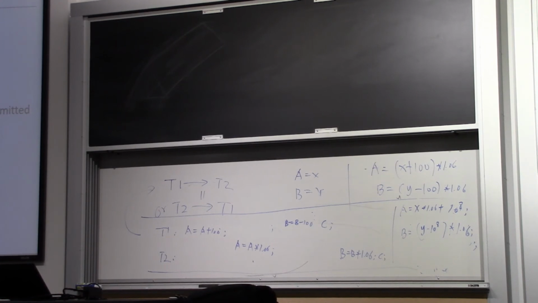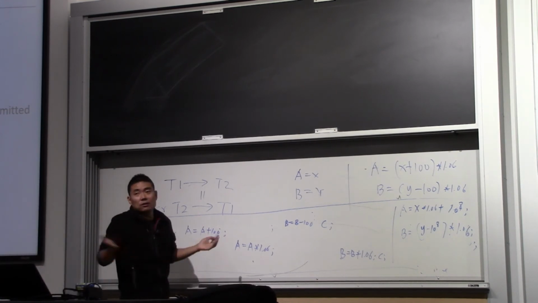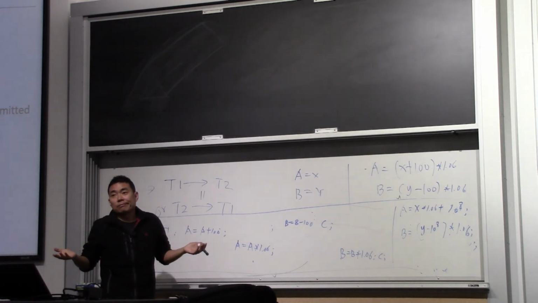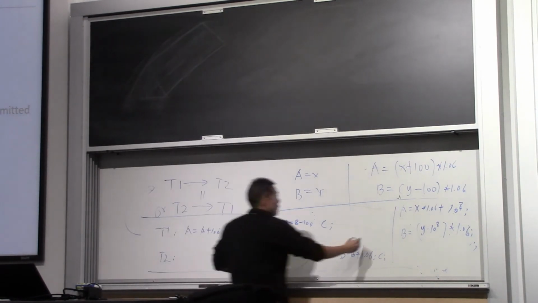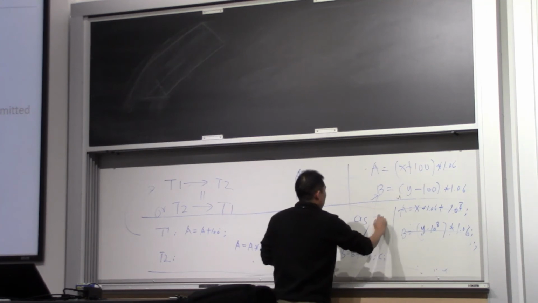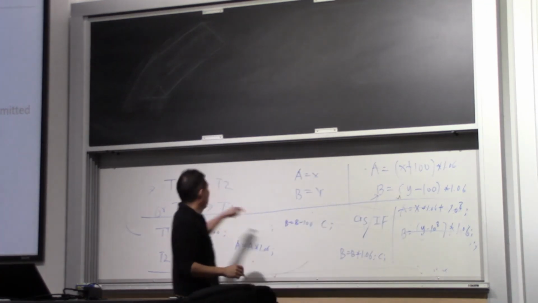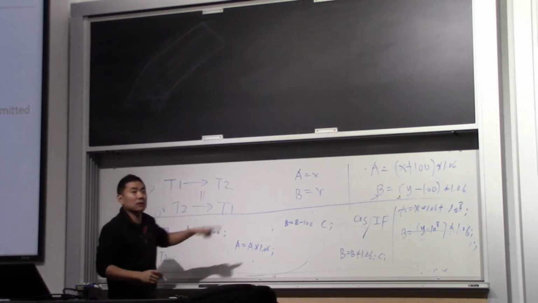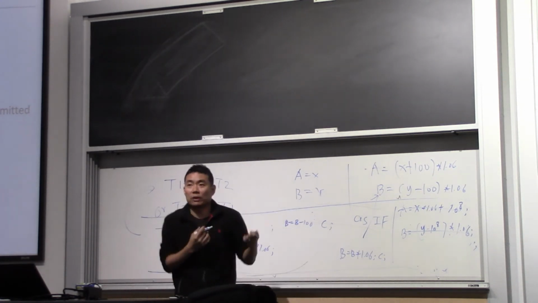You follow what I'm doing here? As soon as you make this change, everything suddenly becomes okay. Meaning that it's as if this. As if, because you are not actually doing this, but at the end of the day, it's as if you were doing that.